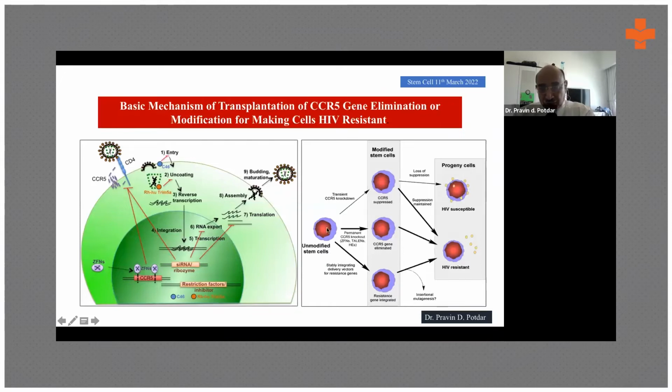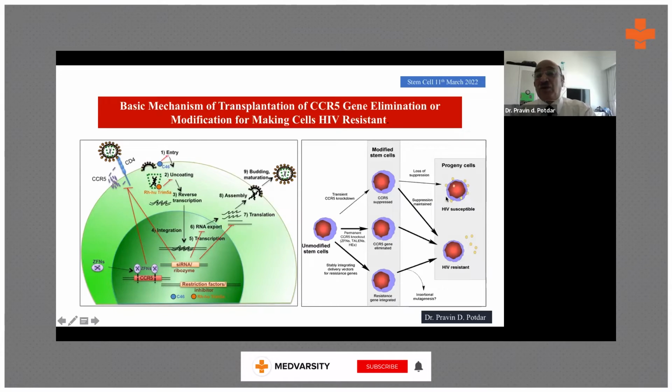You see, this is an unmodified cell. This is a transient knockdown. Suppose there are some patients who don't have the CCR5, then this patient can become resistant, but some of them may develop suppression, loss of this, and they become susceptible.